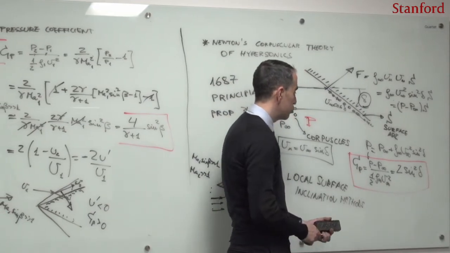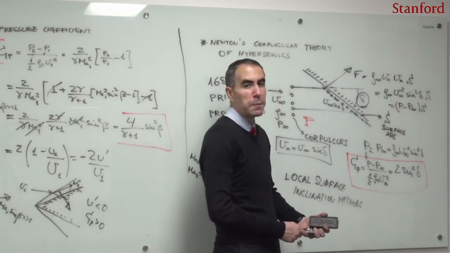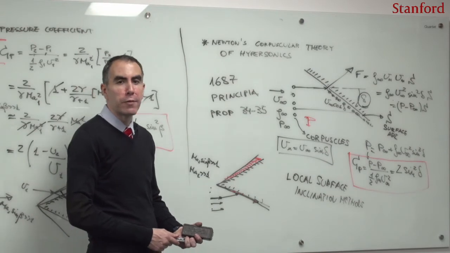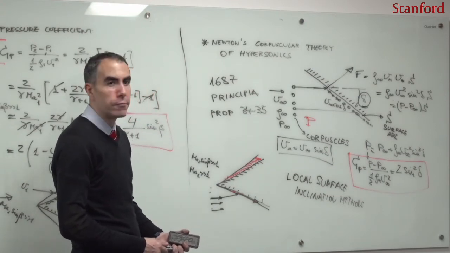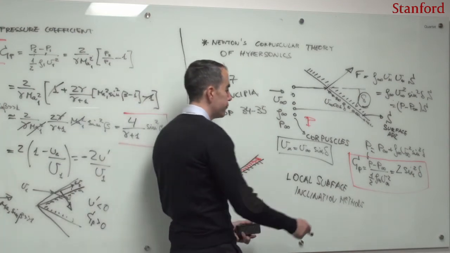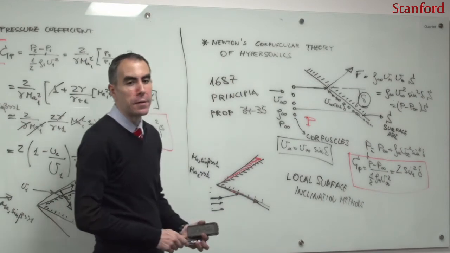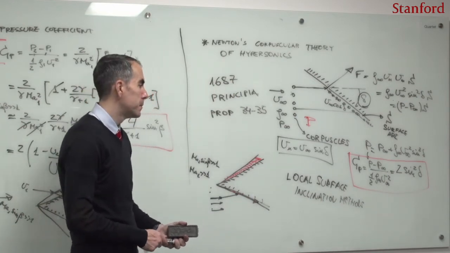And it turns out that that is a very good assumption, because at high Mach numbers, the forces on the object become independent of the Mach number. And that's a very important result. At high Mach numbers, the pressure coefficients and the drag coefficients become independent of the Mach number.